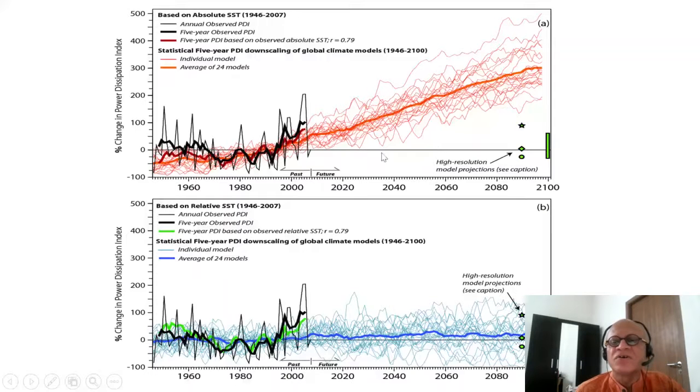Okay, so you can see there is a strong trend here in the statistical 5-year PDI downscaling into the future, whereas here it's very different. Okay, so here again statistical 5-year PDI downscaling of global climate models, individual models, and average of 24 models. So this is a basic fundamental science question that has to be resolved for planning for the future.